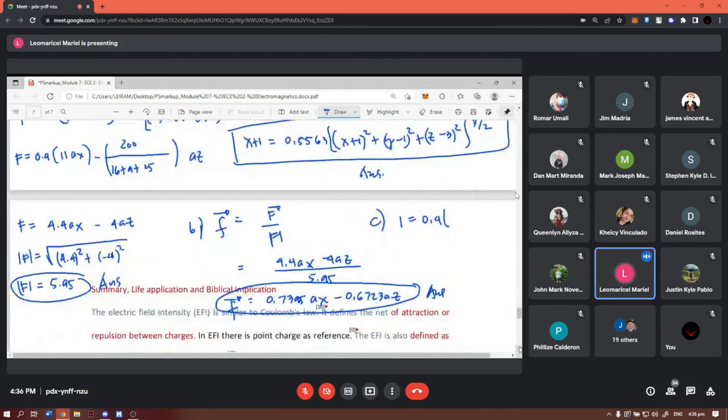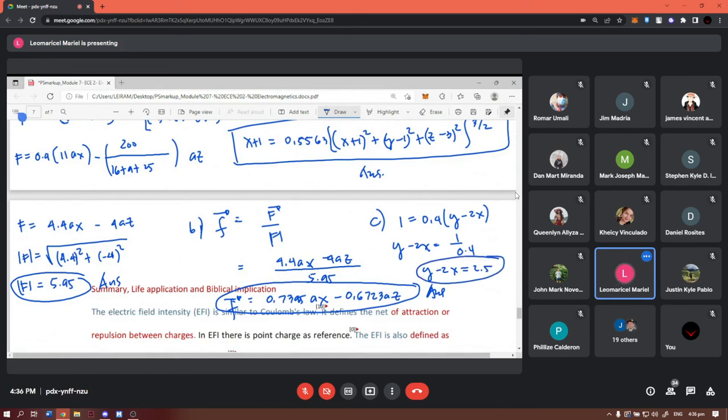Yan yung ating equation. Y minus 2x. So, that would be y minus 2x is equals to 1 over 0.4. Ano ang 1 divide 0.4? What is 1 divide 0.4? So, y minus 2x is equals to 2.5. So, that will be your answer.